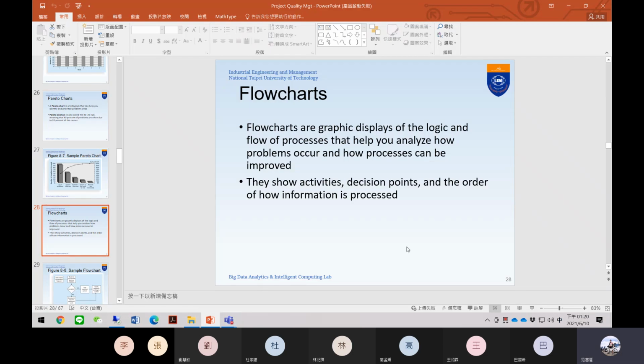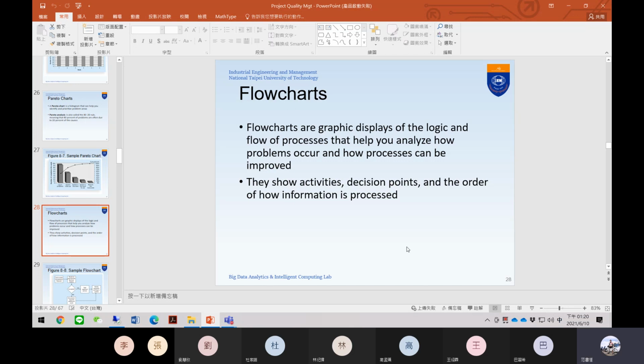And how the process can be improved, since sometimes after meticulous analysis we understand that some processes can be simplified, some activities are redundant and should be removed, or some procedures or activities can be combined.